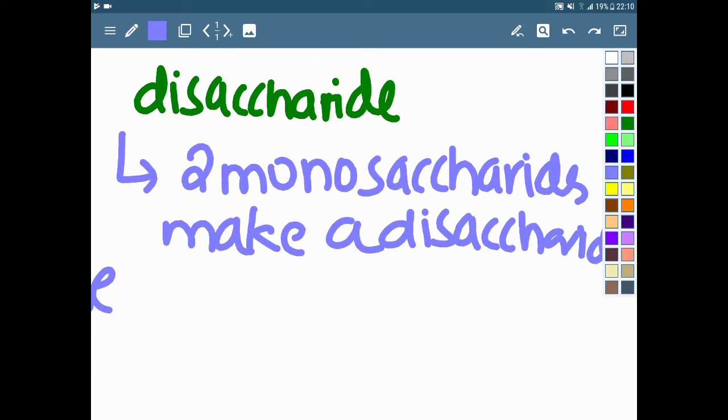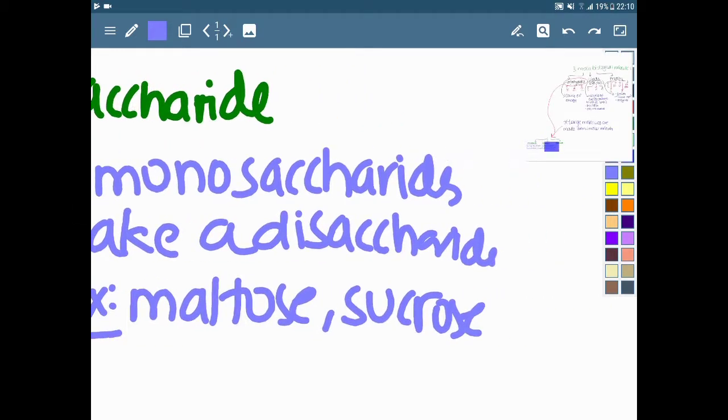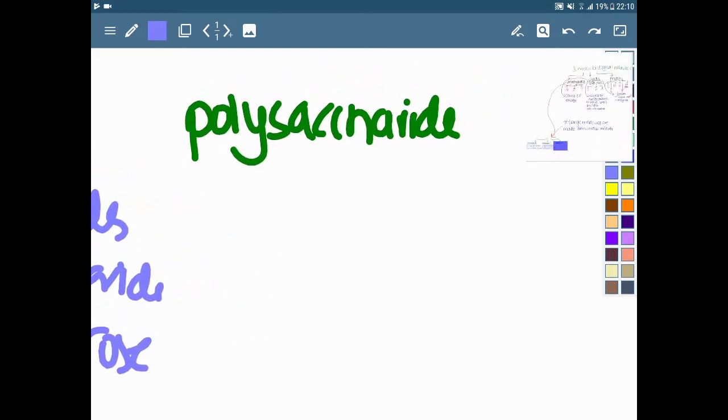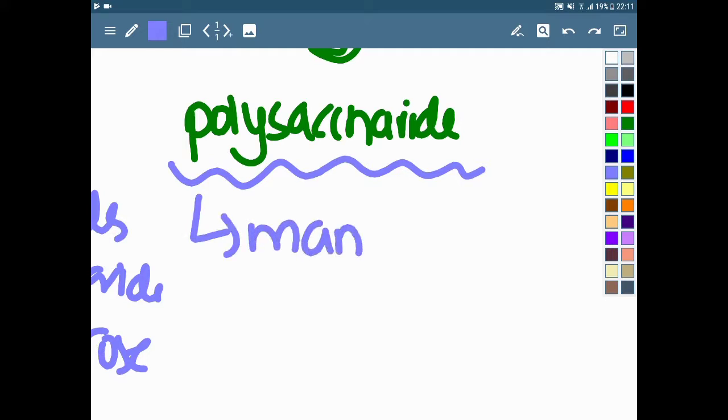Now the examples of disaccharide are maltose and sucrose. Okay. Now polysaccharide, it's many monosaccharides.